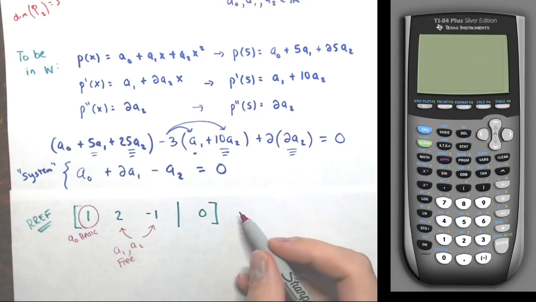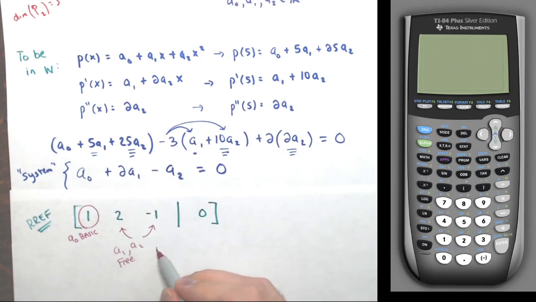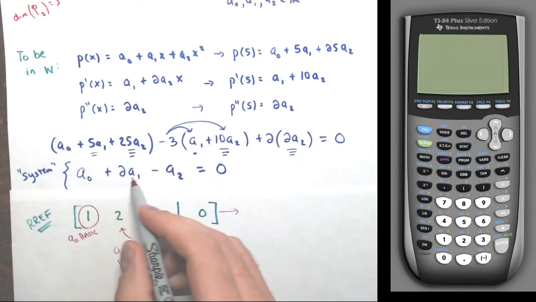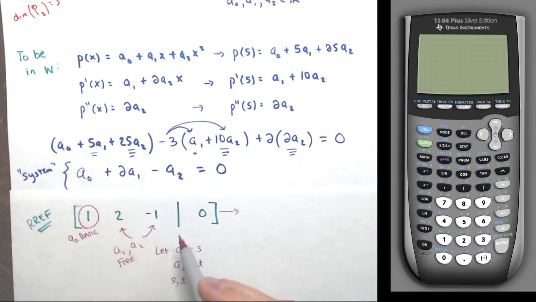And this time, I'll do it again, where I call a1 s and a2 t, where s and t are real numbers, just like I've been doing for other free variables, right? And then this row, the only row, tells me I'm just replacing a1 with s and a2 with t.